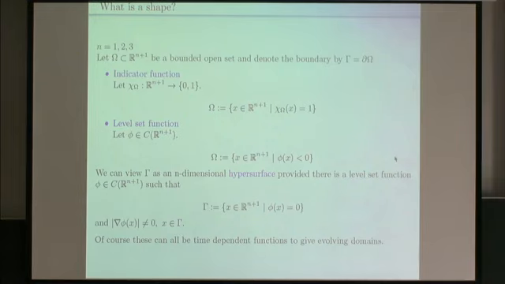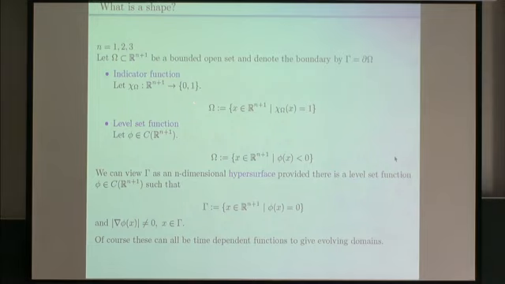So how do we describe omega? Because if we want to approximate omega, we're going to have to describe it, right? Well, you can describe it by an indicator function. An indicator function is a map from R^(n+1) to 0 and 1. I'm not being very precise. You might think I'm being over precise, but I'm not being that precise.